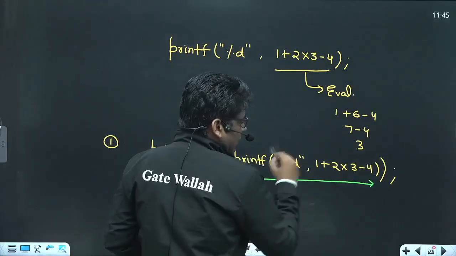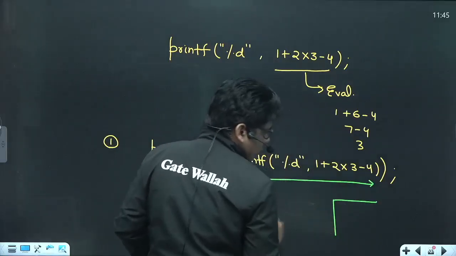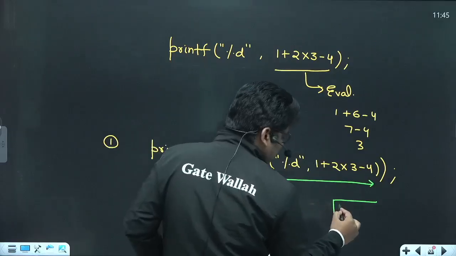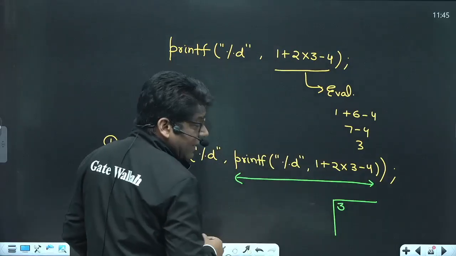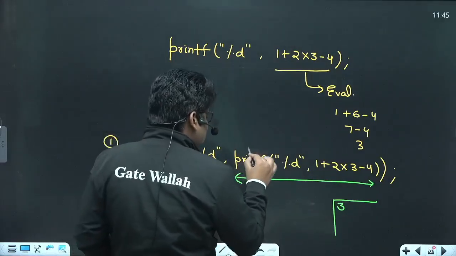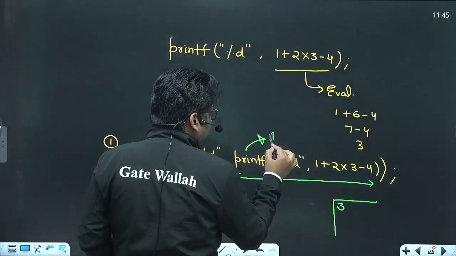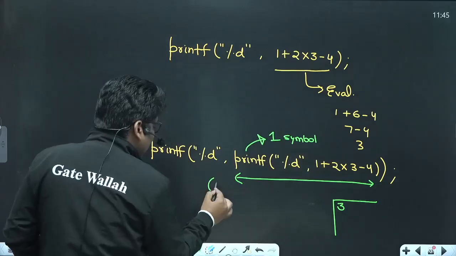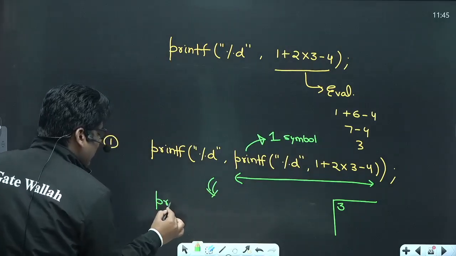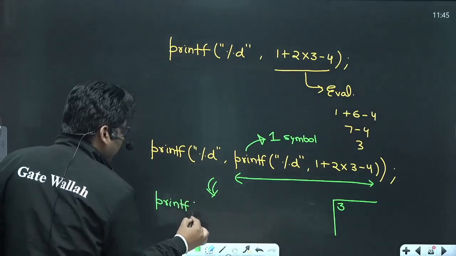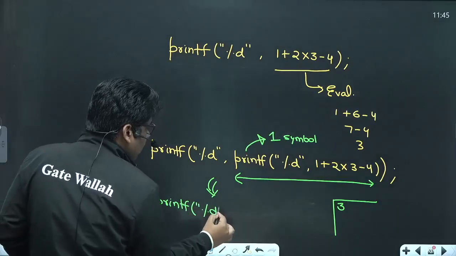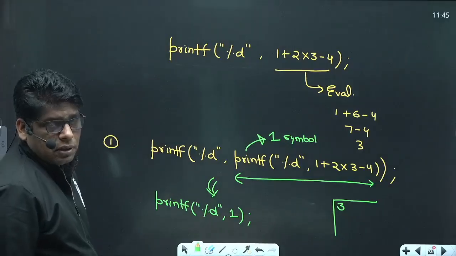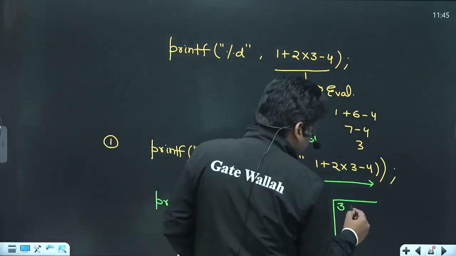The value of this expression is 3. So once you solve it, this becomes printf percentage d comma 3. How many symbols did this printf print? Only one symbol, which is 3. So can I rewrite this as printf percentage d comma 1? Of course. So now the outer printf will print 1.